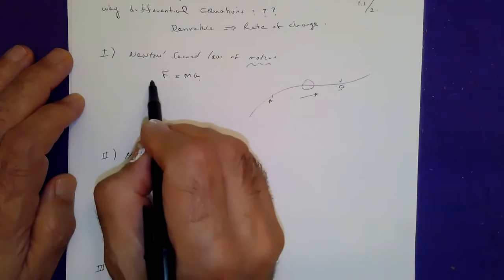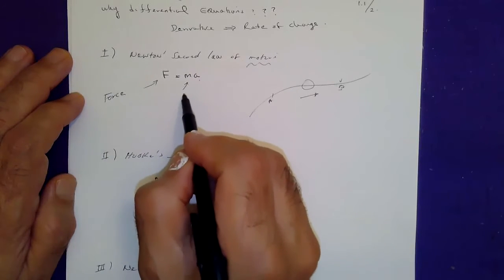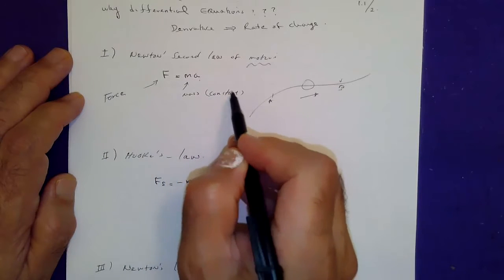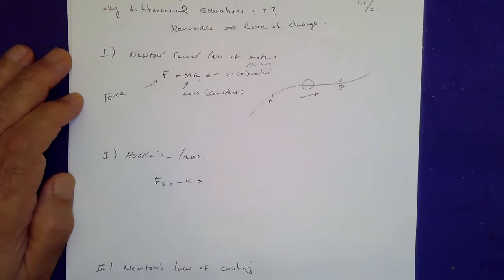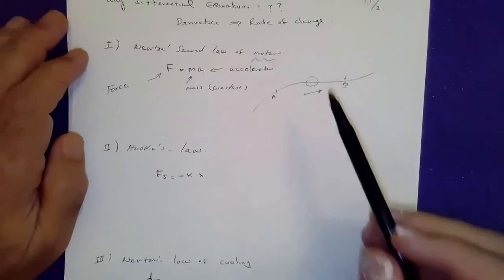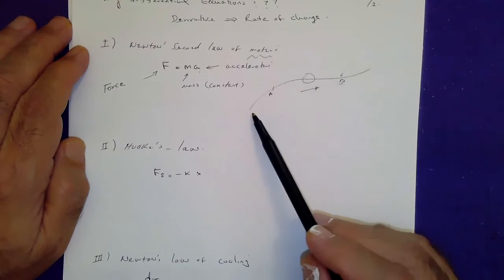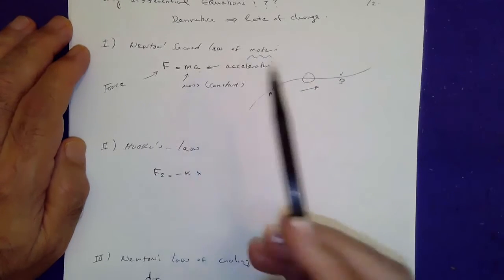Notice in this case, F is the force applied to the object. M is the mass, which we assume is constant. And A is the acceleration. So a force associated with an object in order to put the object in motion is proportional to the acceleration.